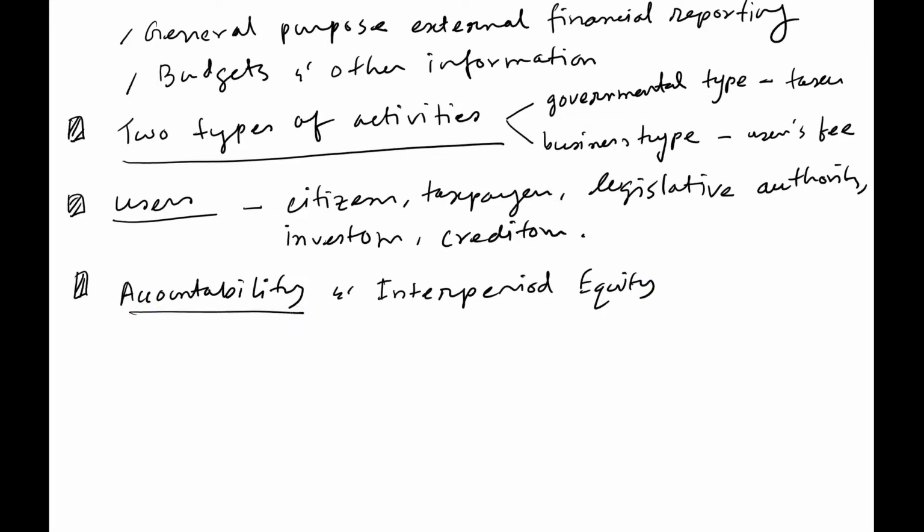Basically, accountability means that governments provide information to their citizens to justify how they are raising funds and other resources, and how they are using those resources. So this is to justify the raising and the uses of the funds.